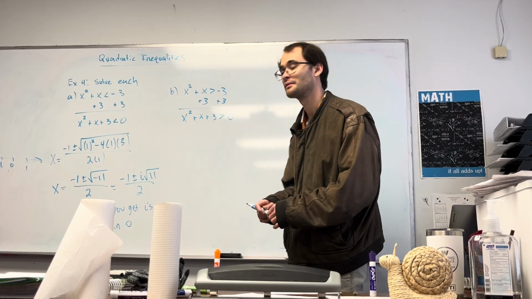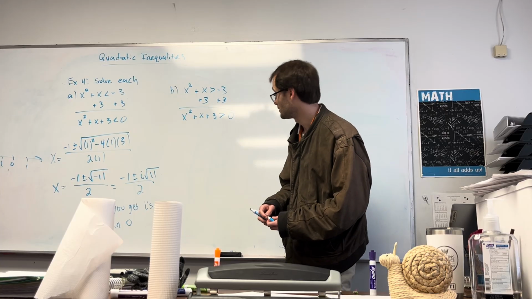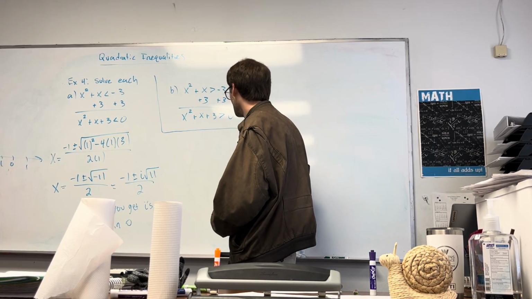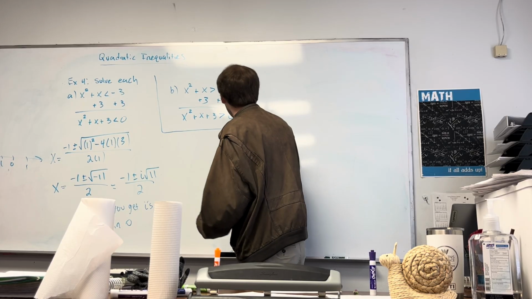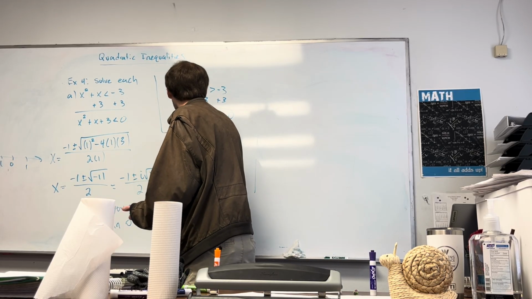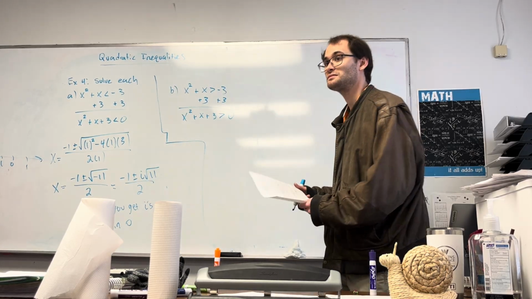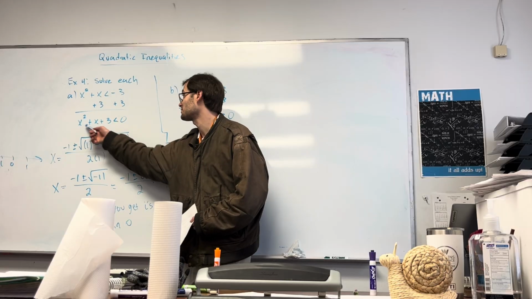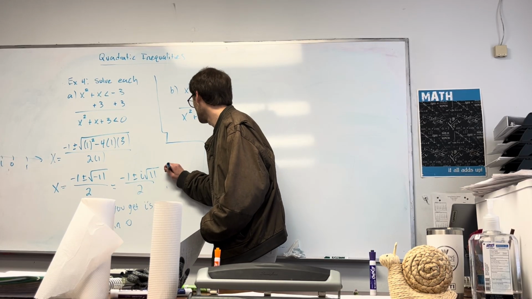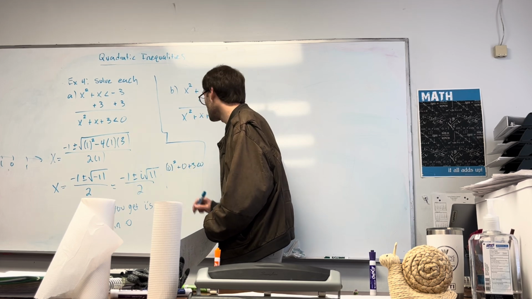When you get i's, plug in 0, and we're going to see what happens. Everywhere I have x, we'll replace with zeros: 0 squared plus 0 plus 3 less than 0.